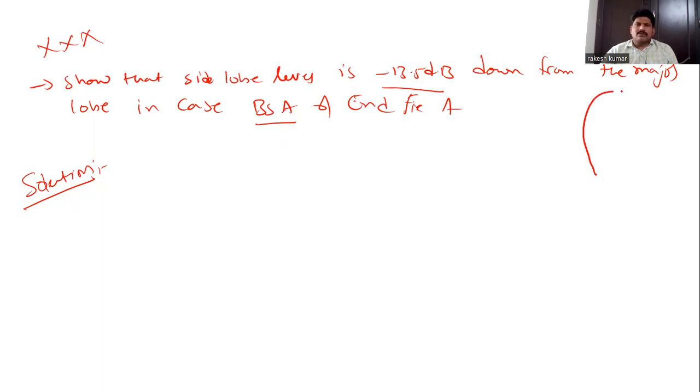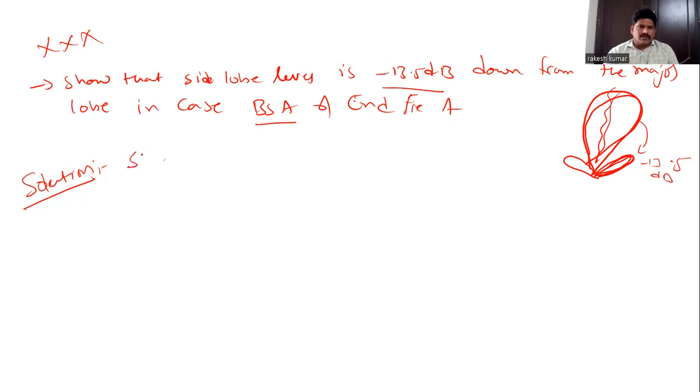For example, this is the major lobe direction and these are side lobes. The side lobe levels are always less when compared to the major lobe. How much less? It is minus 13.5 dB down when compared to the major lobe.